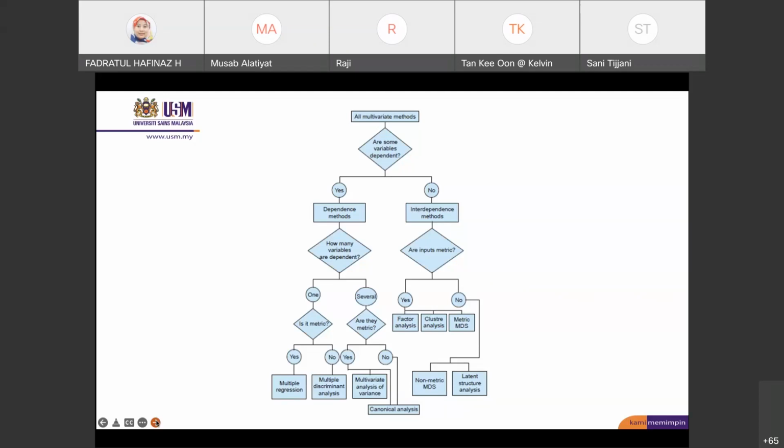So we have two types of multivariate techniques: one type for data that contain both dependent and independent variables, and the other for data that contain several variables without a dependency relationship. The former category includes techniques like multiple regression analysis, multiple discriminant analysis, multivariate analysis of variance, and canonical analysis. In the latter category, we put techniques like factor analysis, cluster analysis, and multidimensional scaling, or MDS.